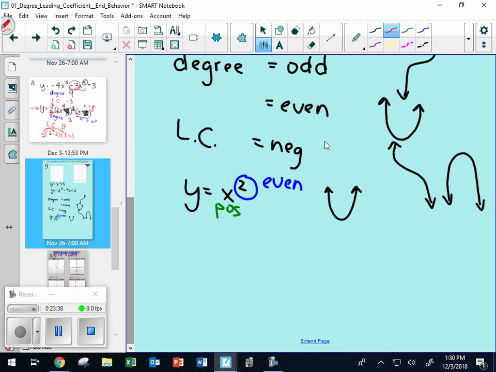Now what would happen if I put a negative in front of my x squared? What would happen to my parabola? Wouldn't it just flip upside down? So now it would look like this. So the same thing here. Your leading coefficient, when I put a negative in front, what is your leading coefficient? Negative 1. So that means that we have a leading coefficient here of negative 1, which makes it flip.